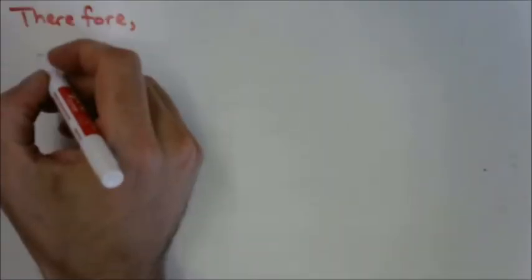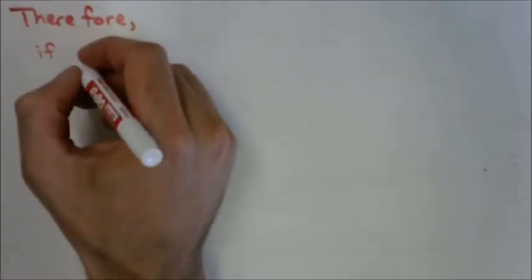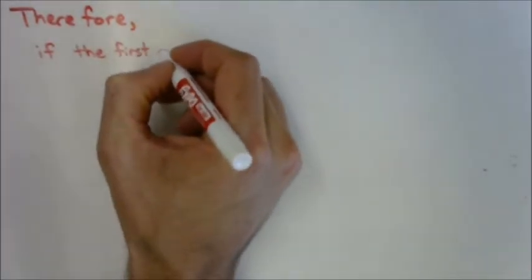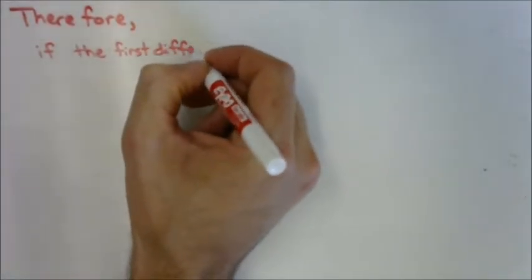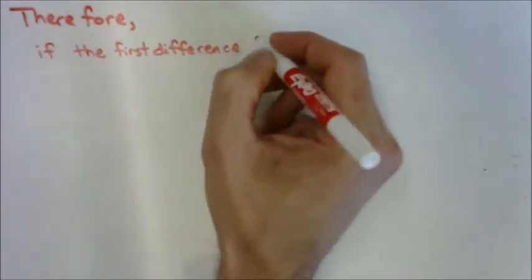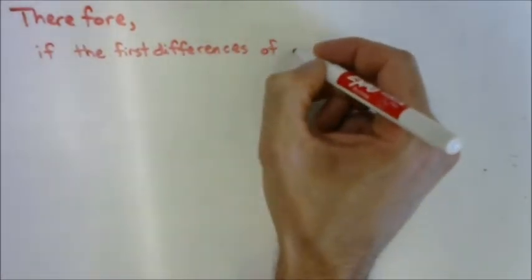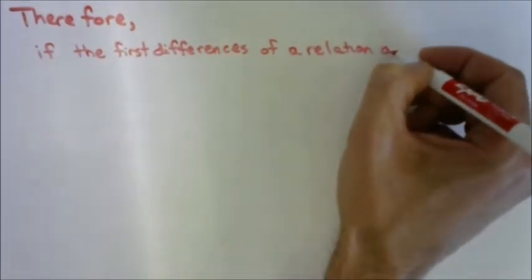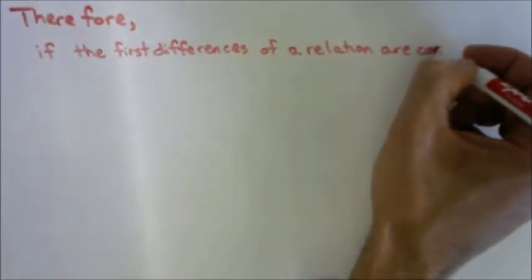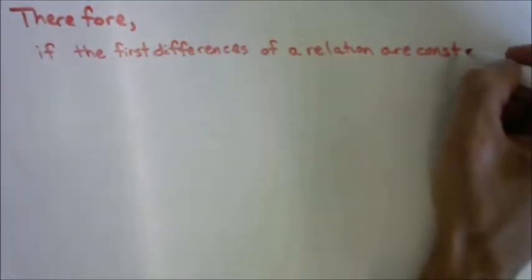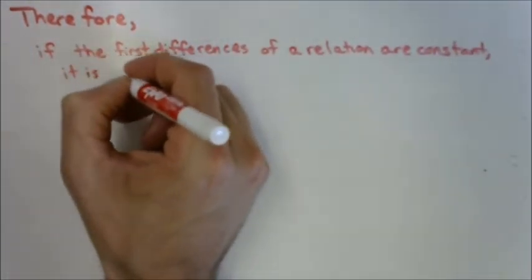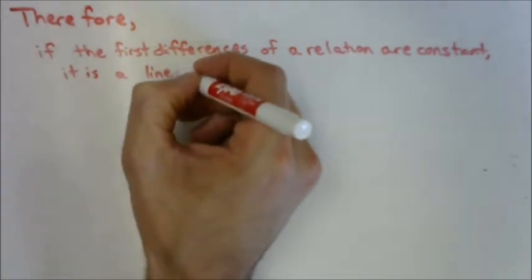Therefore, if the first differences of a relation are constant, it is a linear relation.